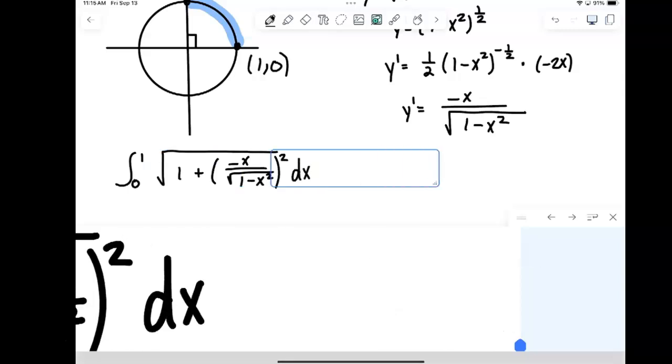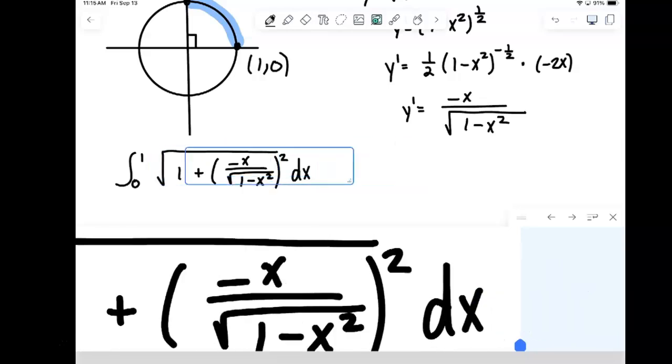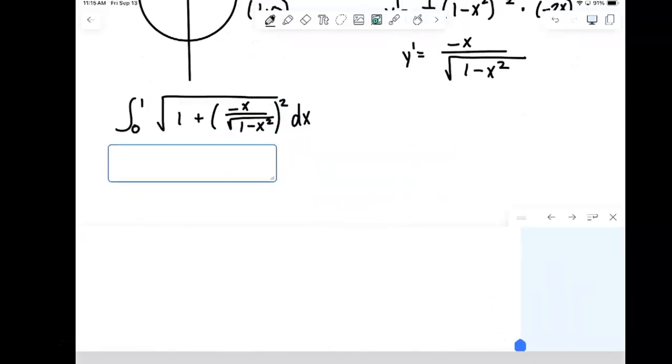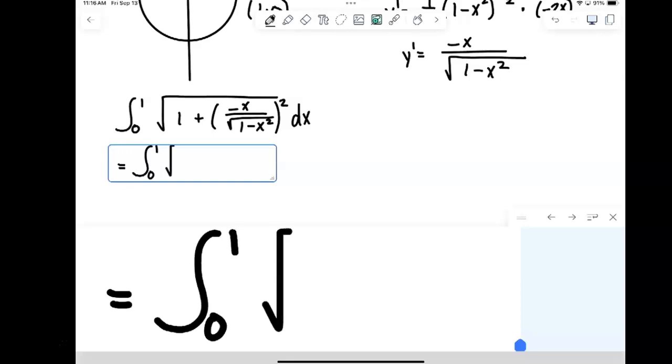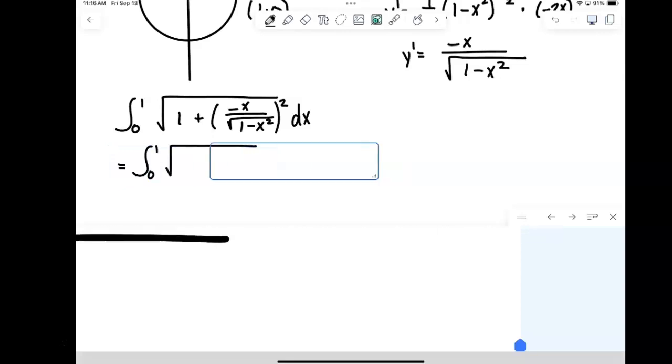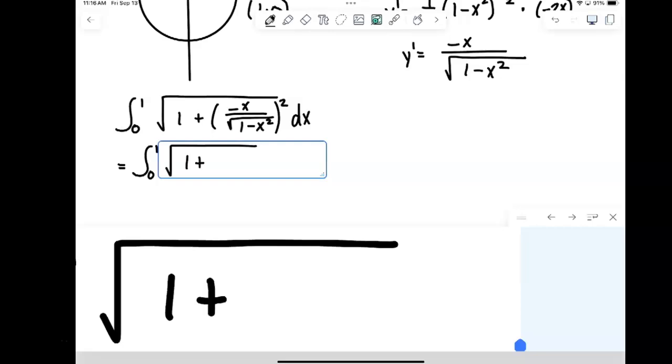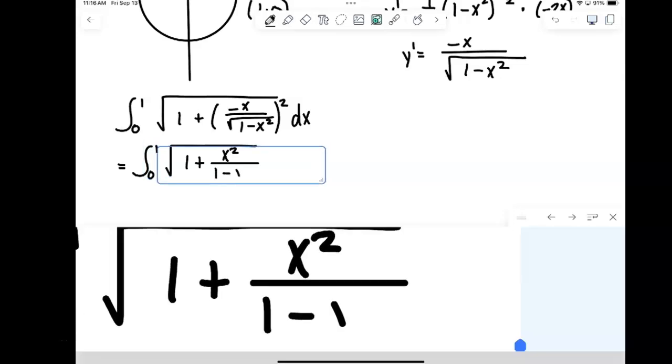Okay. And then we just start to simplify that result and see what we can do with it. Okay, so integral from 0 to 1 of the square root of 1 plus x squared over 1 minus x squared dx.